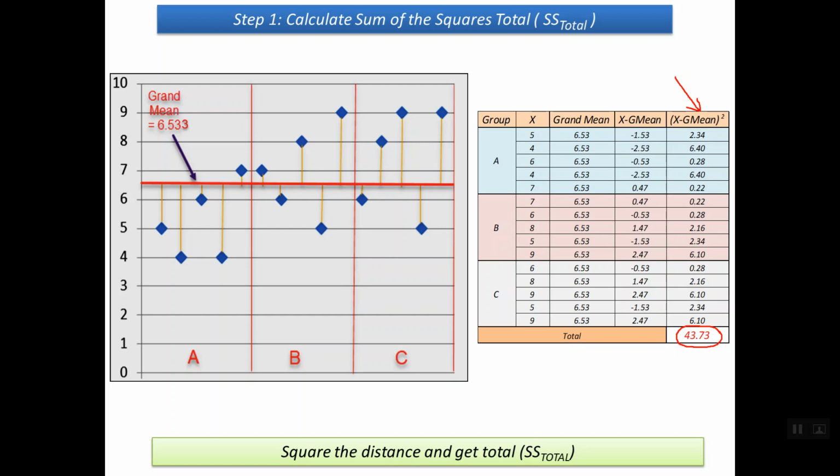So the understanding of the SS total is simply that it represents the scattering or the deviations of the observations from the grand mean.